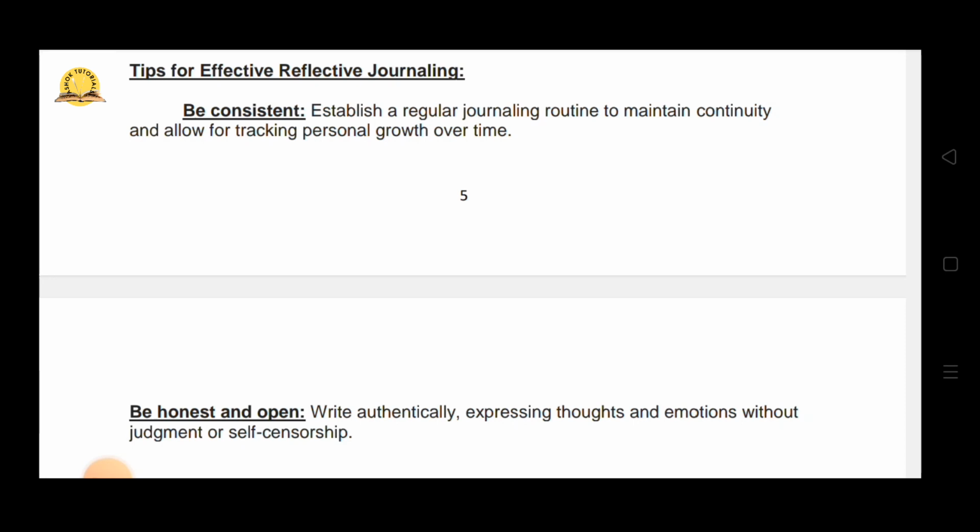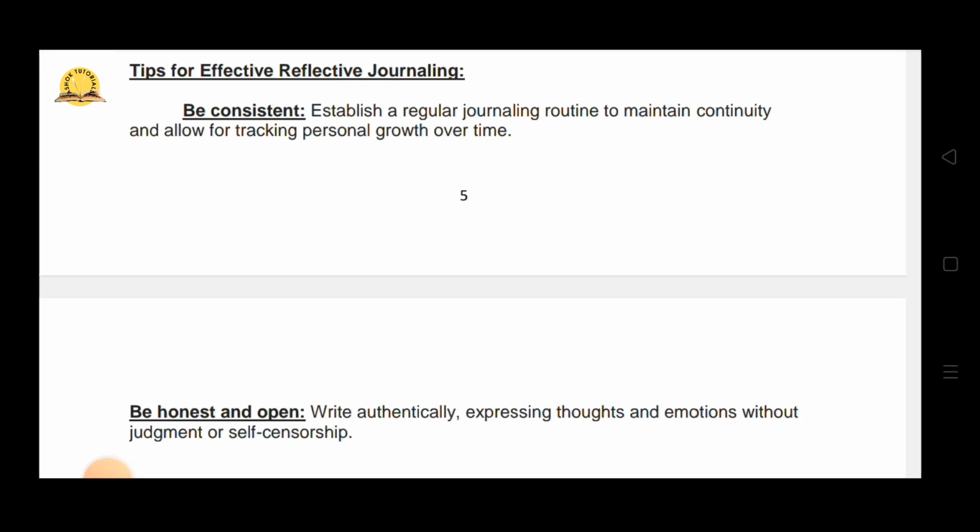But consistency is so important. You know what? When a drop of water continuously keeps falling on a rock or a stone, it can tear the stone apart. It can break the stone apart, right? How? Why? Because of consistency.